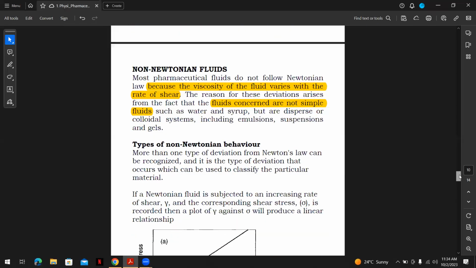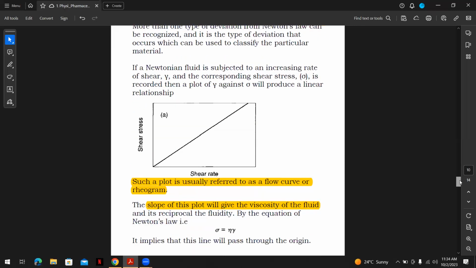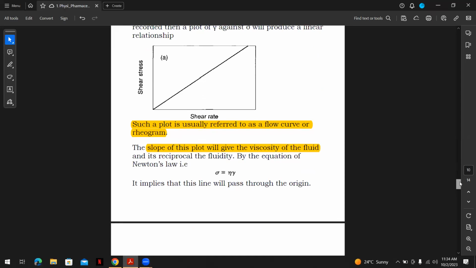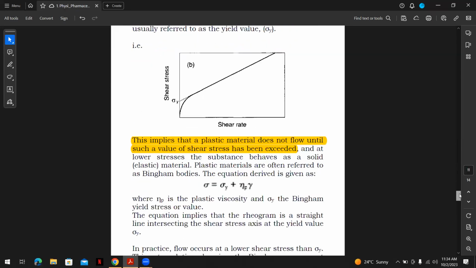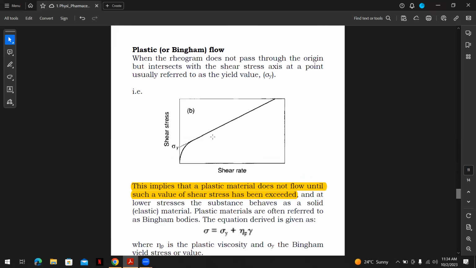Then we did non-Newtonian fluids. And we said here, we just don't obey Newtonian law. We just decided, you know what, we are not going to obey that law. So what will we do? We'll have very different graphs. And we said for plastic flow, it doesn't flow until the yield value has been exceeded.